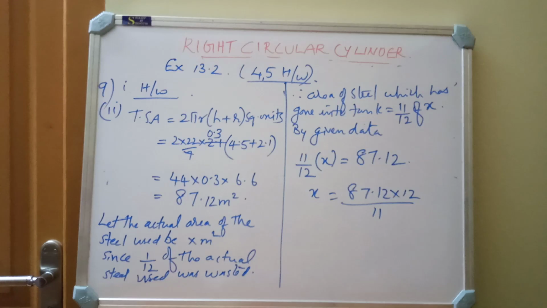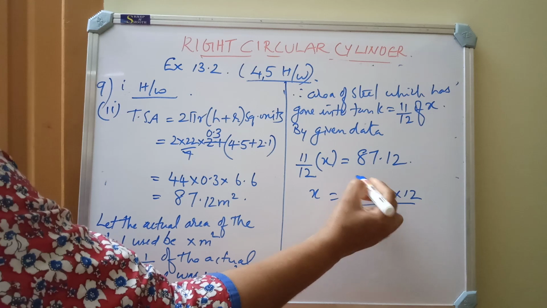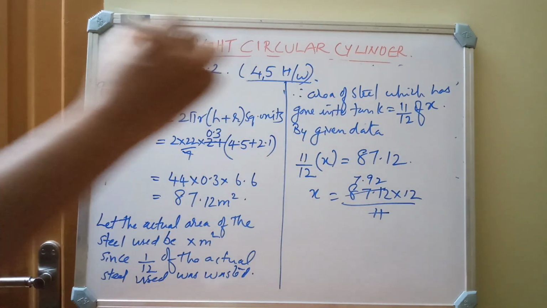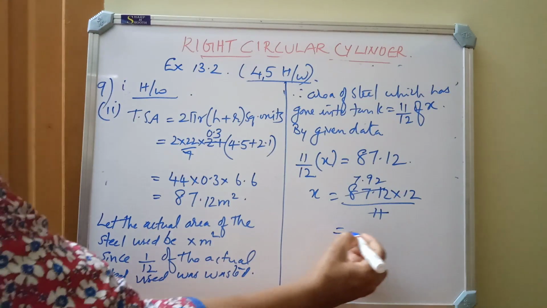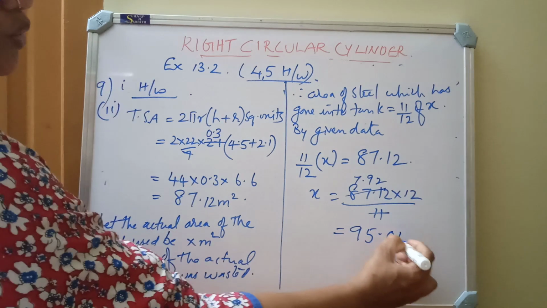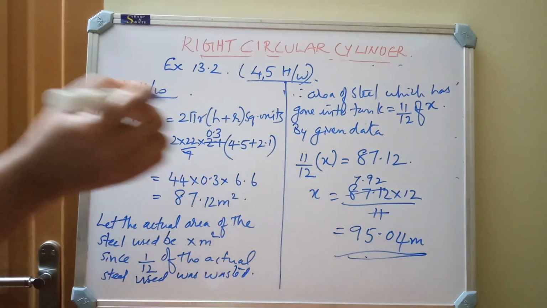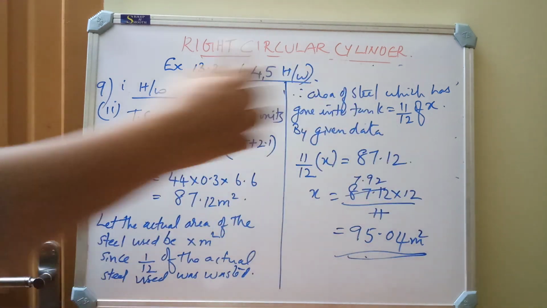We can cancel by the 11 table. You will get 7 11s are 77, so 7.92. So 7.92 into 12 is 95.04 meter square. That will be our X value.